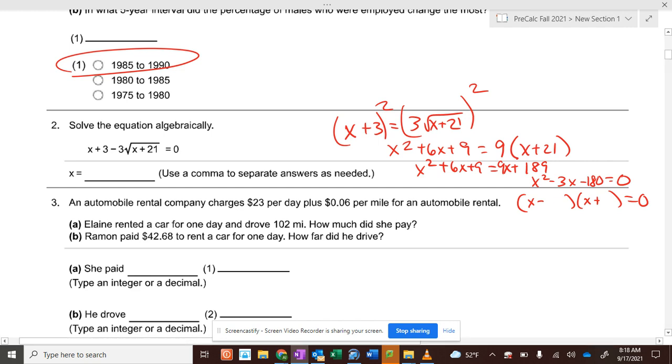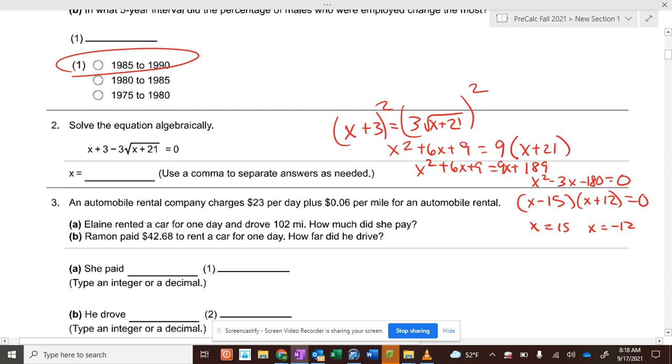No, not quite. 45? 45 and something? What's 180 divided by 45? Oh, it's 12 and 15. Thank you. 15, 12. So x equals 15 and x equals negative 12.